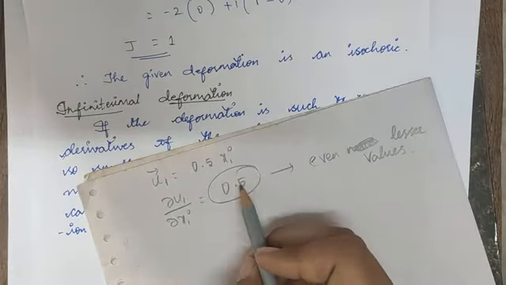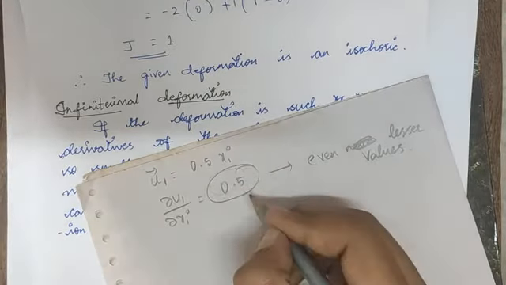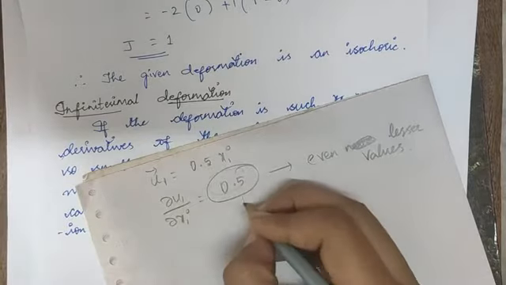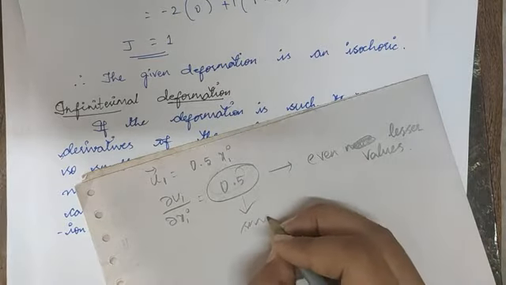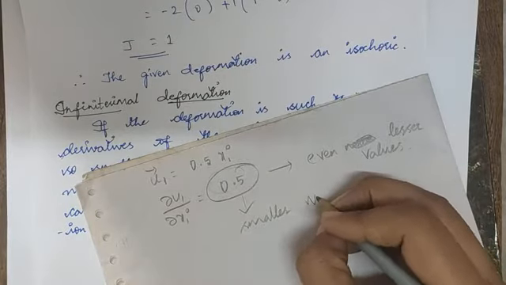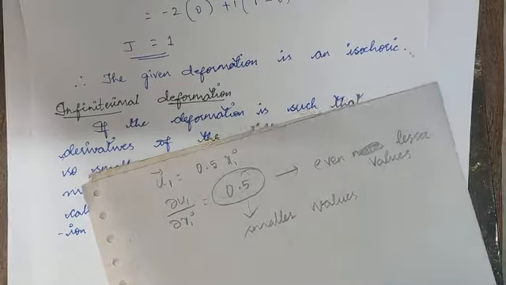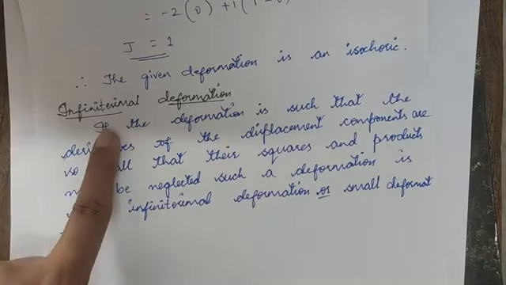If you multiply this value with some other value of the same range, that is also a smaller value. So that means you can neglect those values. Such deformation is called infinitesimal deformation.